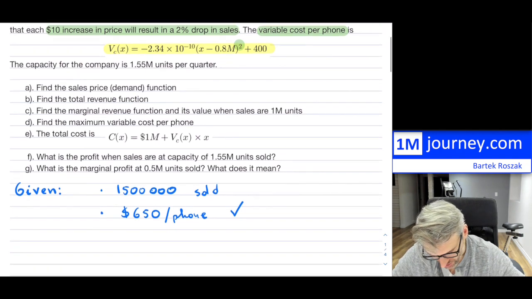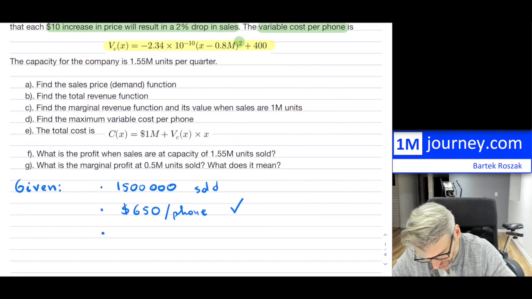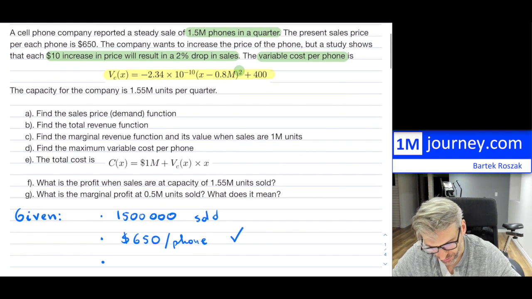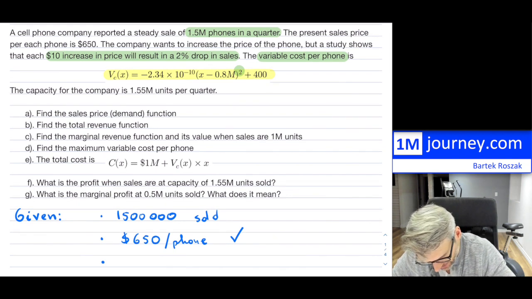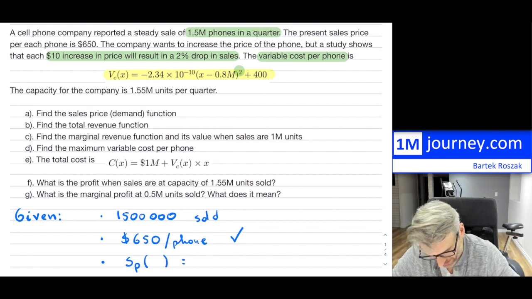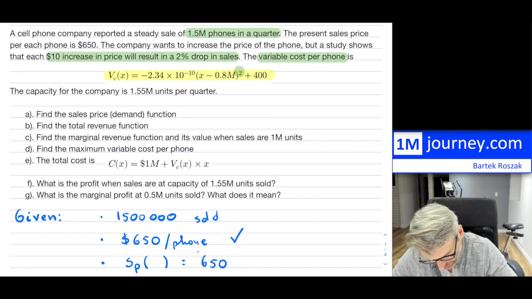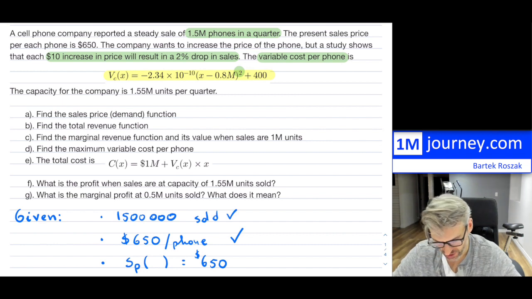In order to model this in terms of the price, the sales price is currently $650 when we sell this much. However, notice that it says that each $10 increase in price will result in a 2% drop in sales.